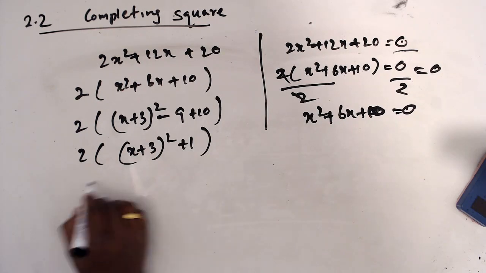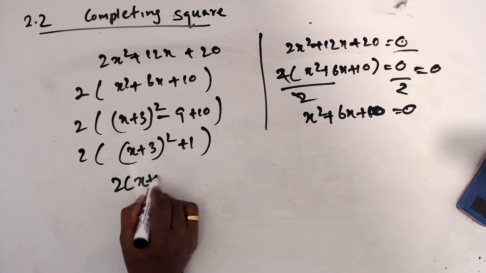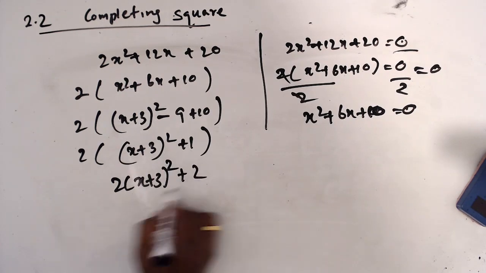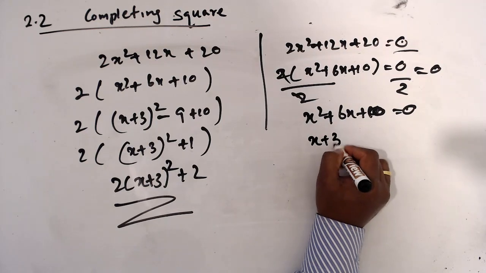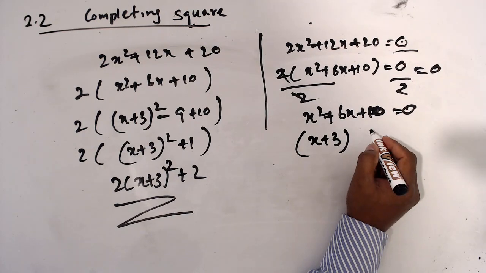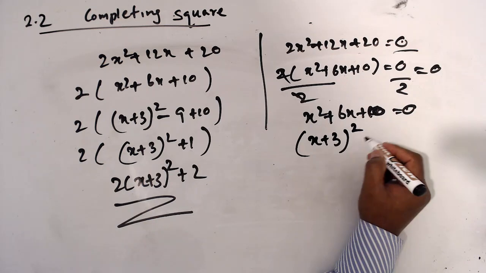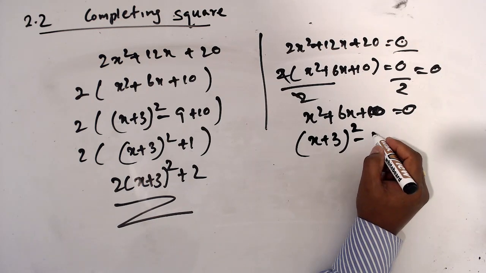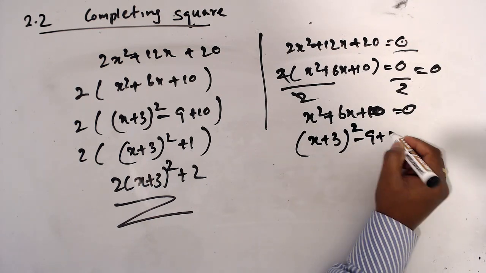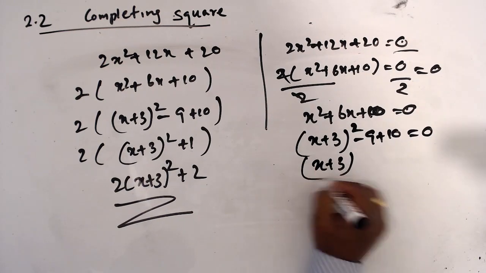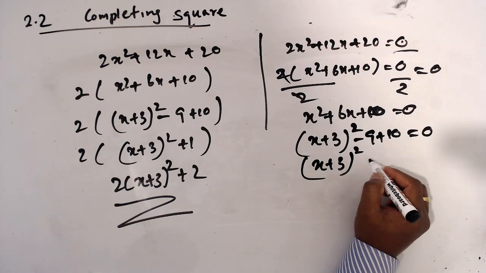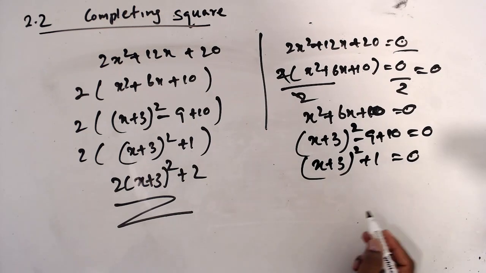Then I would usually multiply by 2 back and keep the answer like this. But here, what is the answer? (x plus 3) square minus 9 plus 10 equals 0. (x plus 3) square plus 1 equals 0.